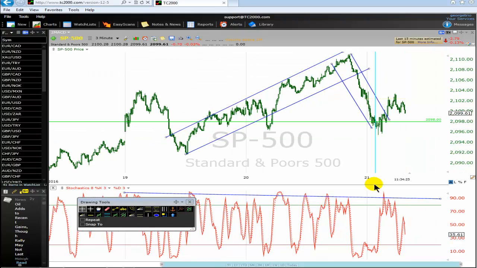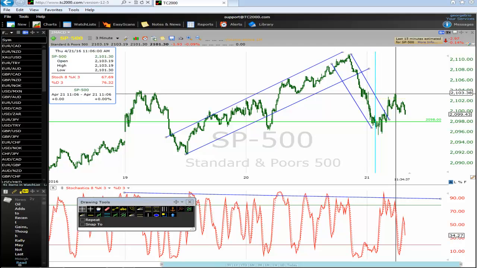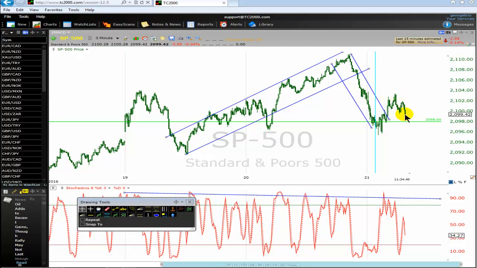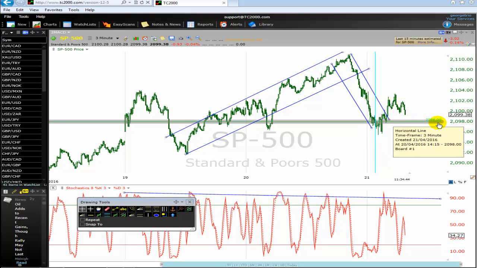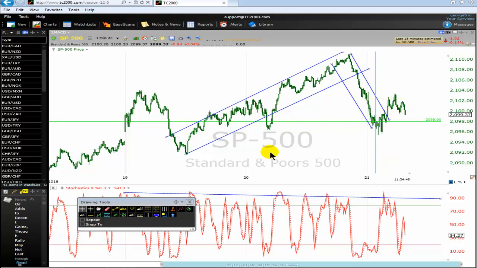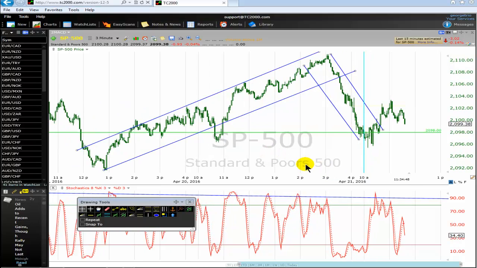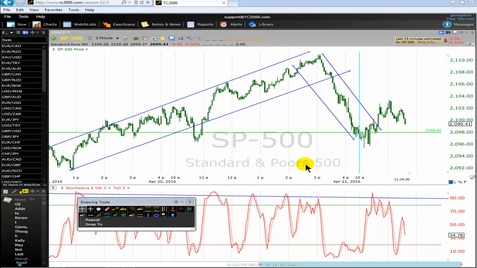Okay, traders, we pause the video here where I placed the vertical line, and the S&P 500 since then went up to 2103, and now is coming back down. The price is now above my entry point, so we'll give it more time, it may go down more.